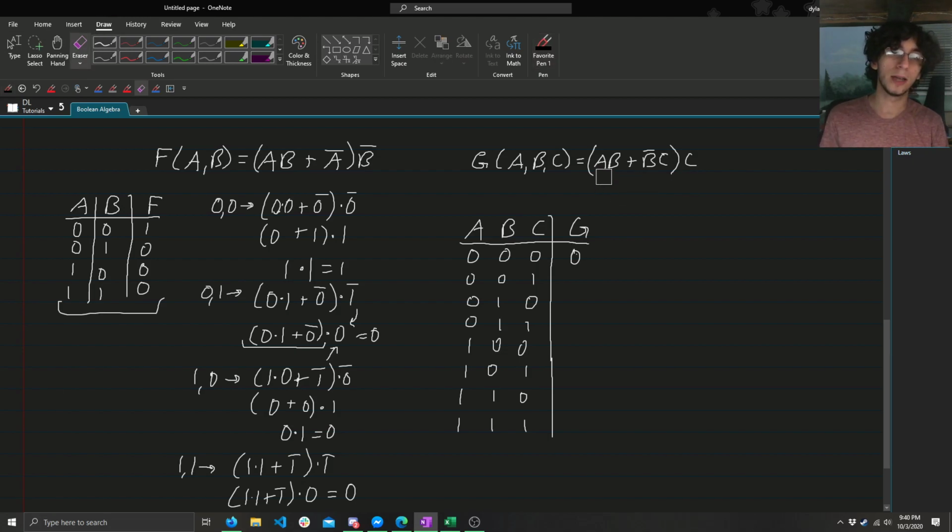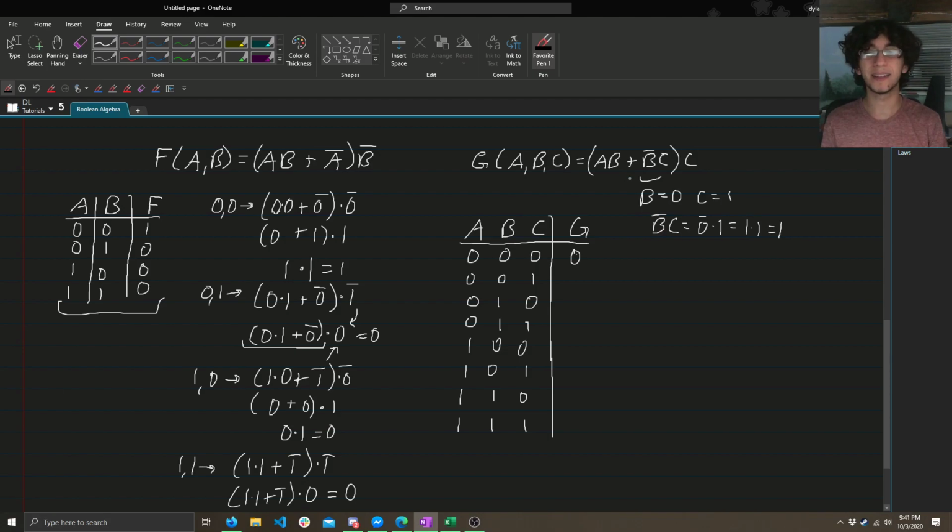Either A and B can be true, which is not, A and B are 0 here, or this can be true, and we have B not C. Well, B is equal to 0, and C is equal to 1. Therefore, B not C is equal to 0 not times 1, which is 1 times 1, which is 1. And that's true. So now we've got 0 plus 1 times 1. And that's equal to 1 because 0 ORed with 1 is 1, ANDed with 1 is also 1. Therefore, this is a 1.